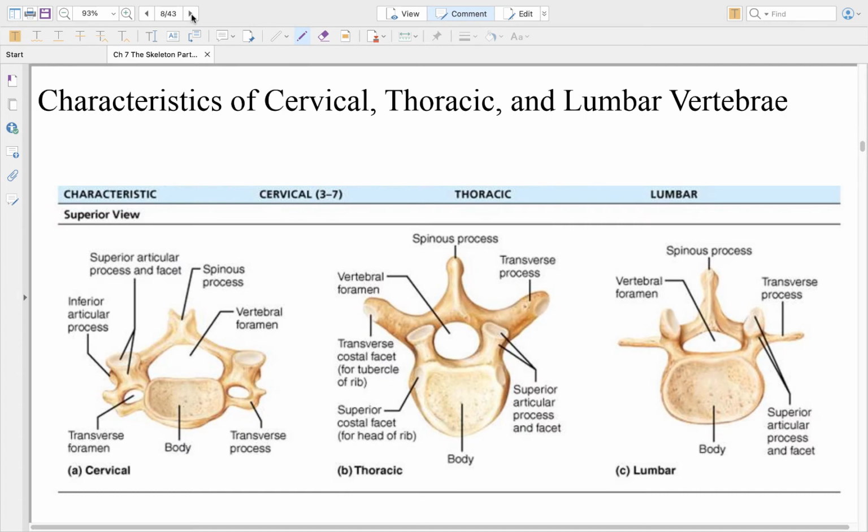Now, when we're looking at individual vertebrae, you have to be able to identify a cervical, thoracic, and lumbar. The way you do that is you look at the vertebrae itself.